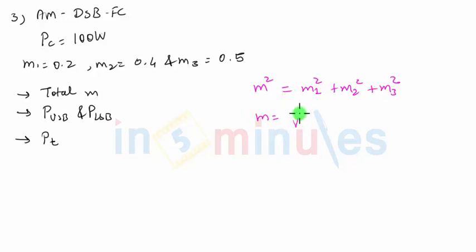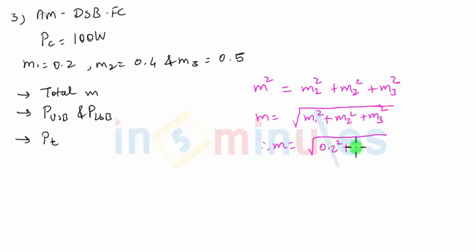So if I want to find the overall value of M, it is always square root of sum of squares of individual modulation indices. And therefore, the overall modulation index will become under root 0.2 square plus 0.4 square plus 0.5 square. And this will come out to be equal to approximately 0.67. So that's the answer to the first question that we have got.